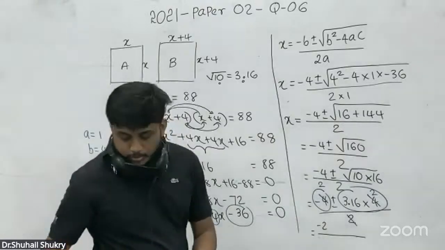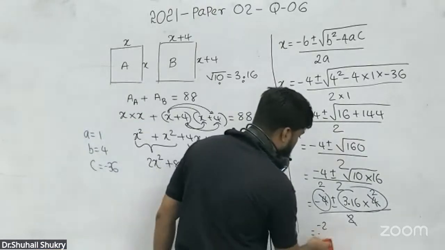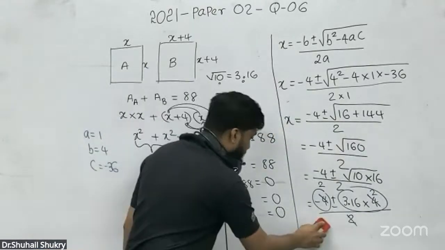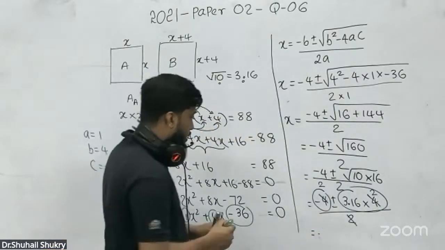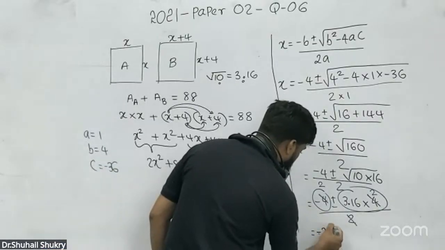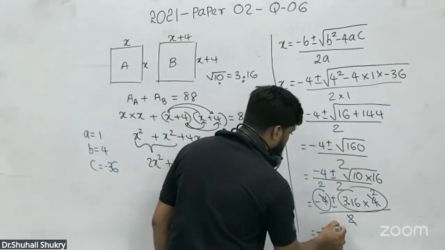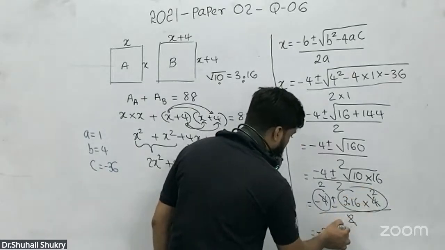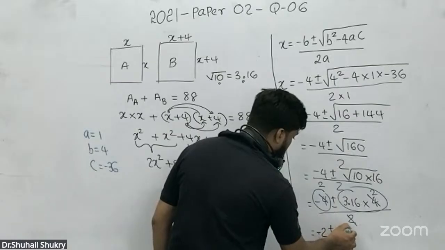We don't need this line now, because nothing is below, so I can write directly: minus 2 plus or minus 2 into 3.16, which is 6.32.